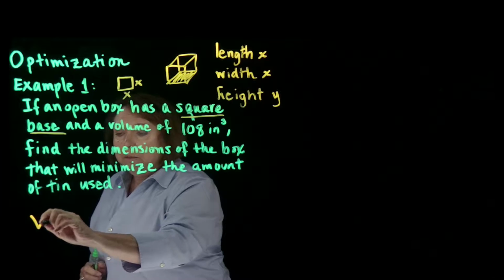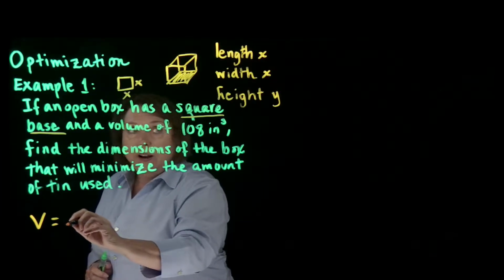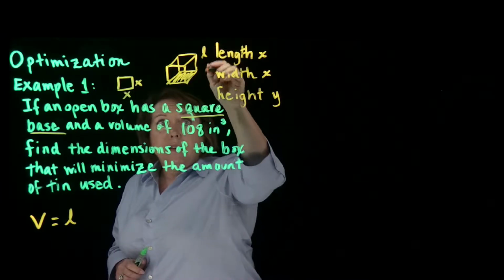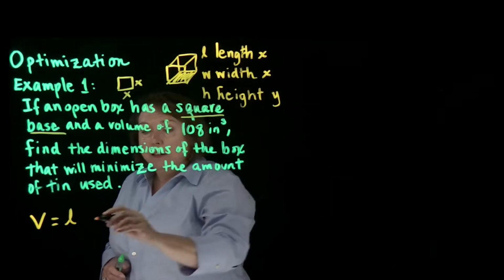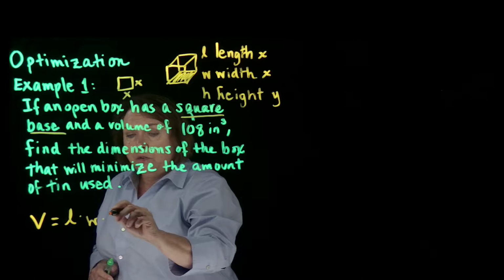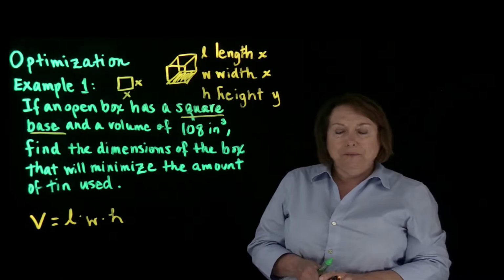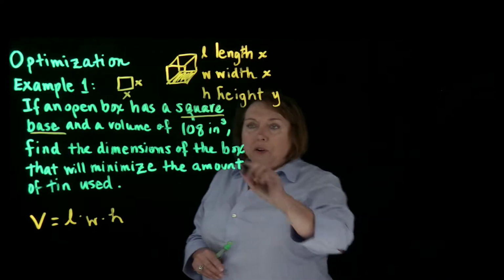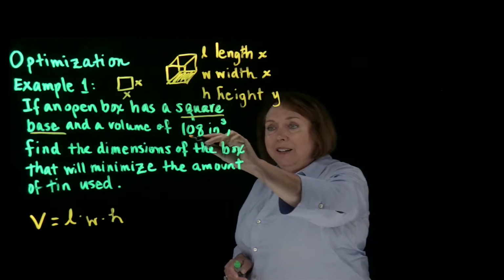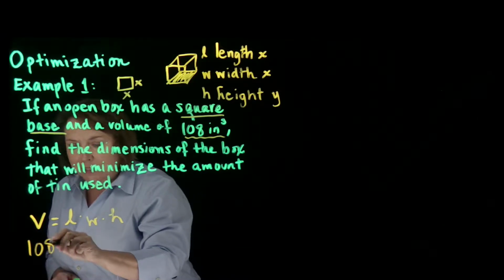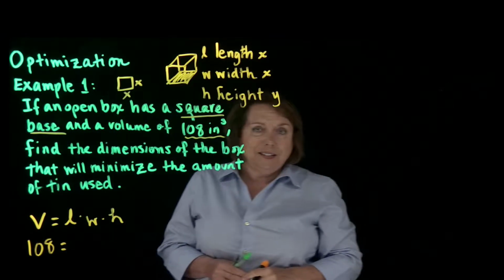Let's start with the volume. It's going to be the length times the width times the height. I'm going to use these variables and then we'll replace them with things we know. We are told that the volume is 108 cubic inches, so we'll replace the V with 108.